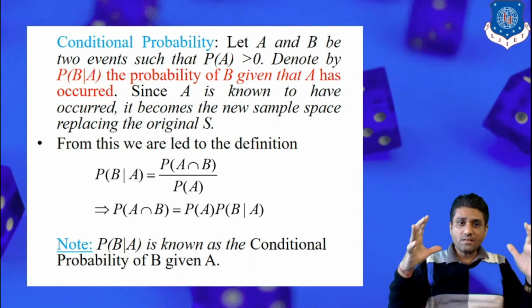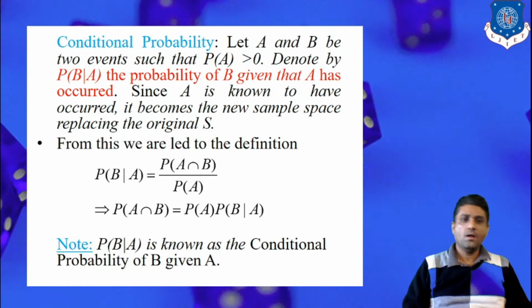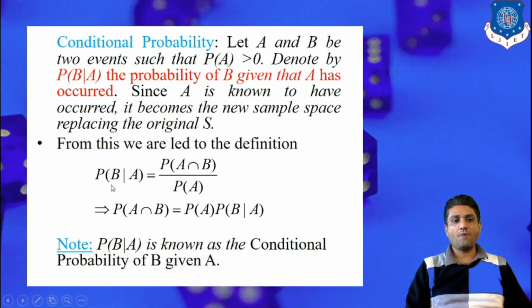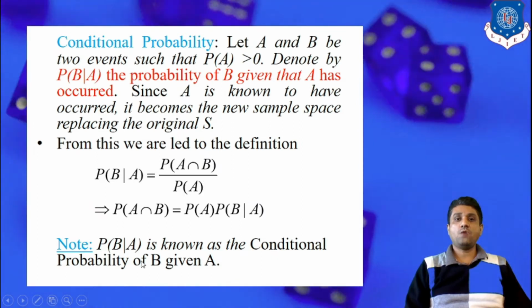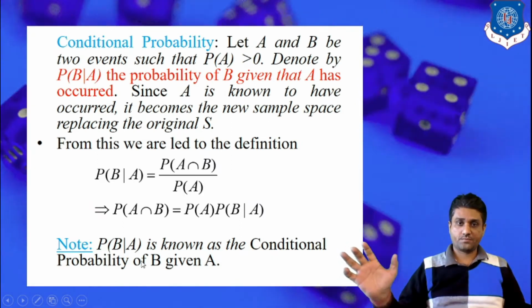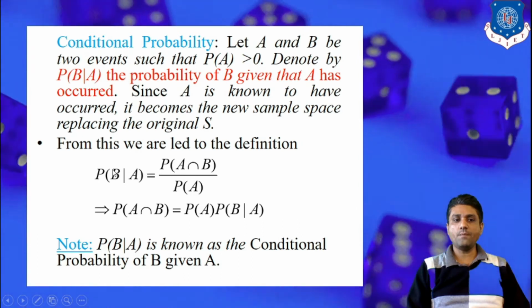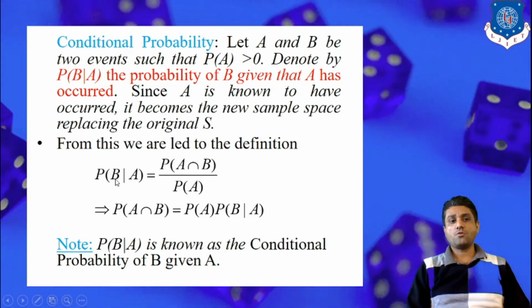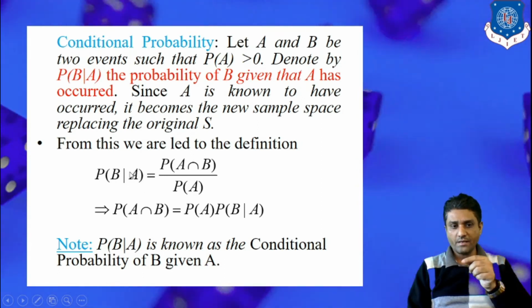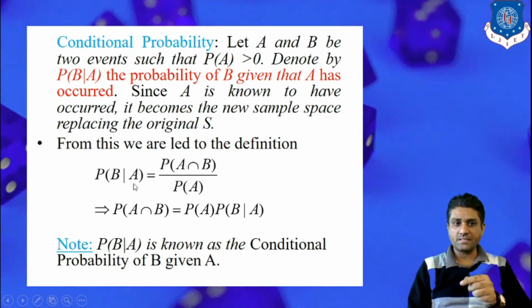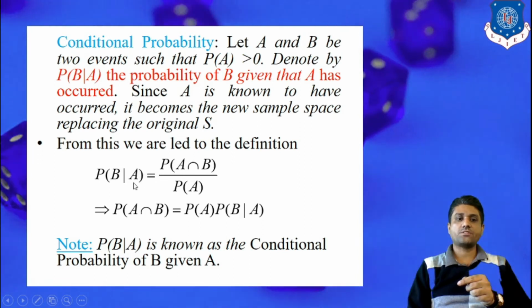So ultimately, the universal set is reduced. Whenever we find the probability of any experiment, in the denominator we write the total possible outcomes. But in conditional probability, we find the probability of the happening of event B when the particular event A has already happened. So right now this is our sample space.